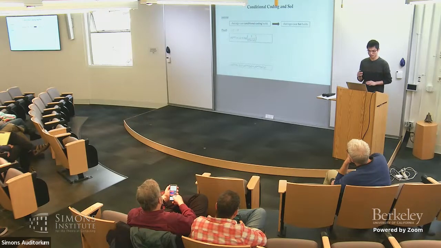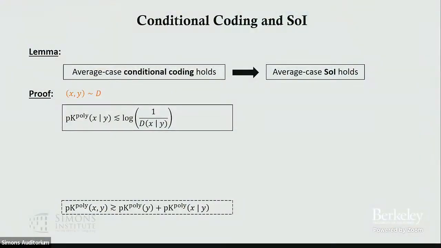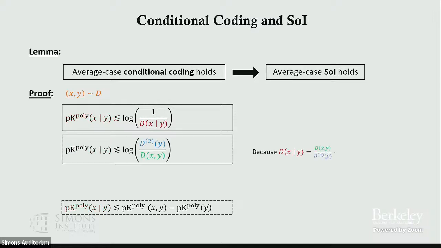First of all, let's remove the probability and just keep in mind that we are dealing with an average pair X and Y sampled from D. We then identify the common quantity in both expressions, which is rKquasipoly of X given Y, and rearrange things a little bit to make them more alike. Nothing happened yet at this point.